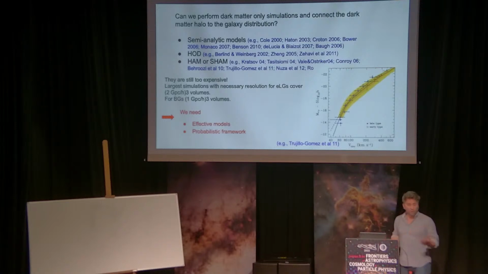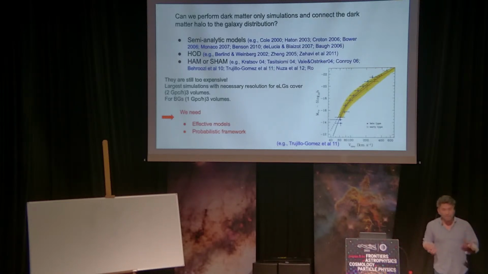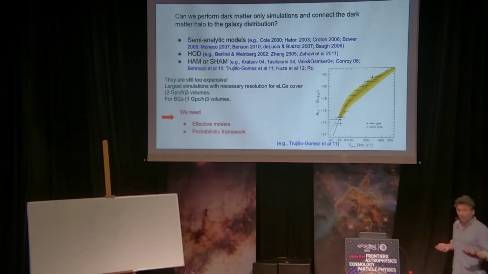So this is very interesting and important and necessary to understand how they are distributed, but they do not help us to compute covariance matrices, because we can do at most one or a few, and even with volumes which are far smaller than the ones we are going to observe, which is crazy. So we need effective models and a probabilistic framework.